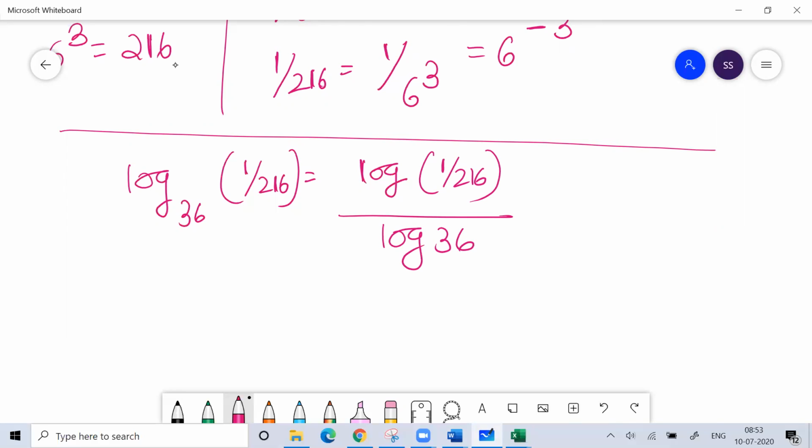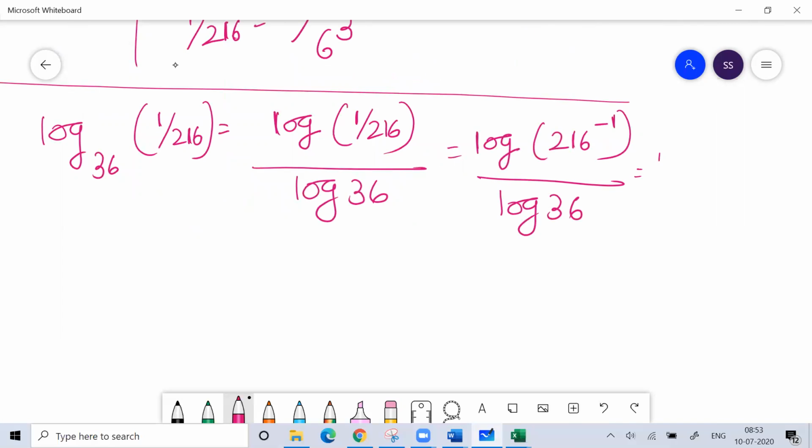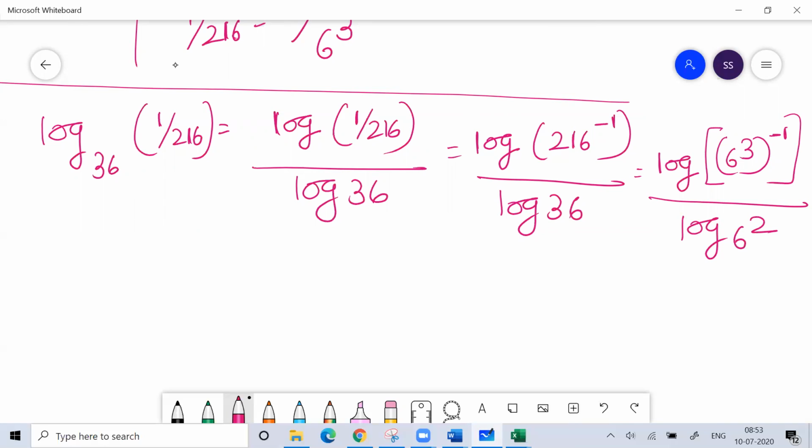Okay, you understood this now? Then I can write the log of this as 216 to the power minus 1 divided by log of 36. So I know that 216 is 6 cube, and 36 is 6 square. So it means log 6 to the power minus 3 by log 6 to the power 2.